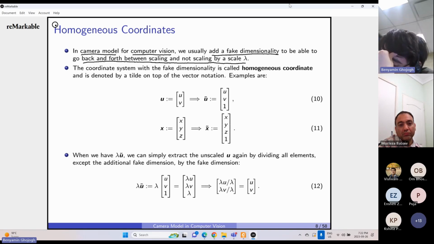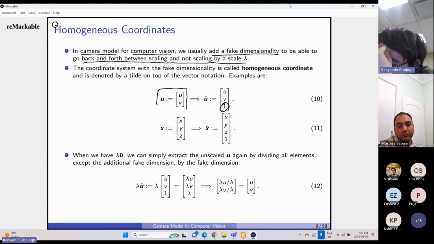So consider this vector u. By the way, I denote vectors by bold lowercase and scalars by non-bold lowercase. The vector u has elements u and v, two-dimensional. Then I add a fake dimensionality: I make it three-dimensional, and I put 1, for example, here.